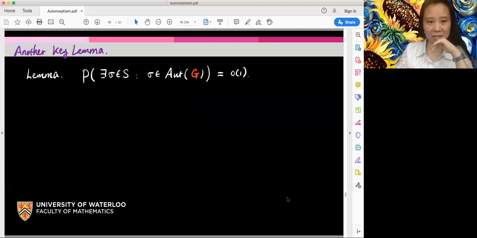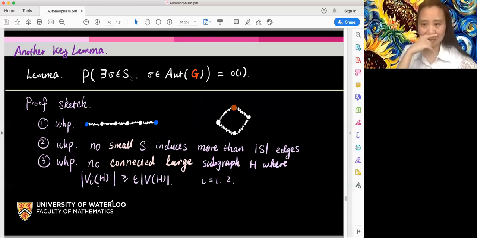So now I only need to show that with high probability, none of the permutations in S can be an automorphism of G. Here's a quick sketch of the proof. We can show that with high probability, if you take any path in your graph where the ends are degree 1 vertices, along this path you must see at least 4 vertices of degree at least 3.